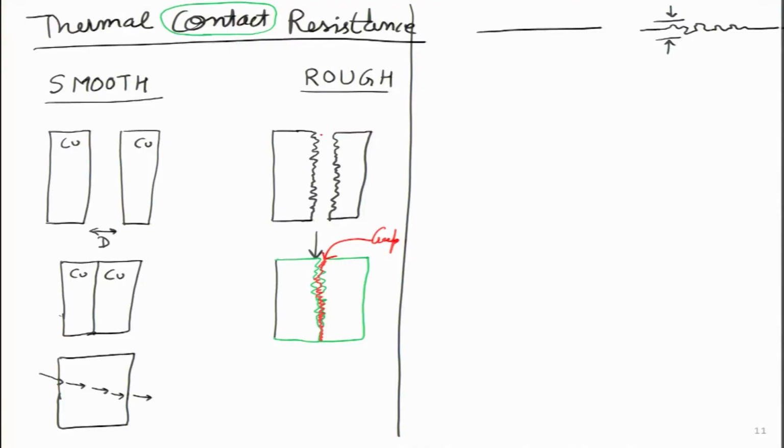If I am doing this inside the room, then the room is filled with air, so the gap will contain air. If I submerge it in water, then water fills the gap. If I put some sort of glue in between, before joining these two things I can fill it with fluid, right? I can put a paste or some high viscosity fluid.